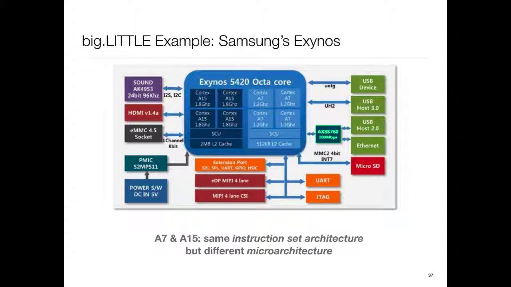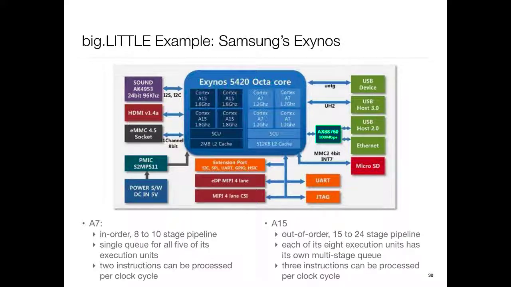There are all these capabilities that modern processors have to speed things up, but they come at a cost. So you see, A7 is an in-order processor, which means it executes instructions in the order they are in the program, and it has a pipeline of 8 to 10 stages.